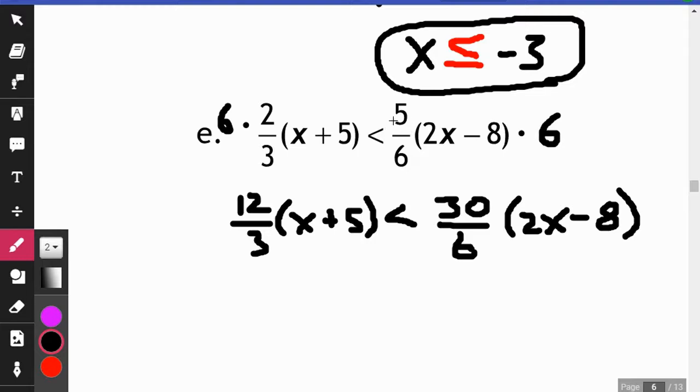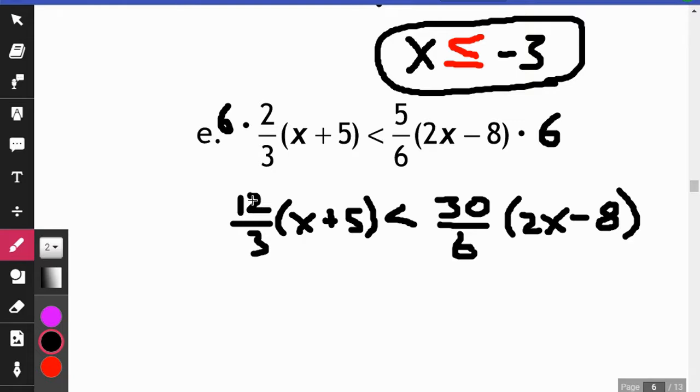As long as things are just being multiplied, you don't have to multiply each of the numbers, like the 5 and the 2 and the x and the 8. No. Okay? Just once times the whole thing.